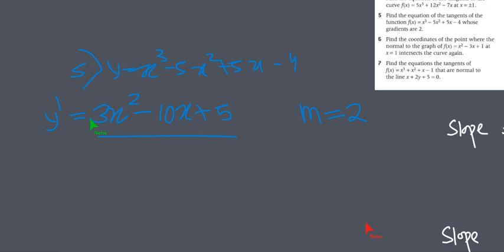Now they said the function, and you haven't any idea at which point you have to make the tangent, right? They provided you with the gradient.